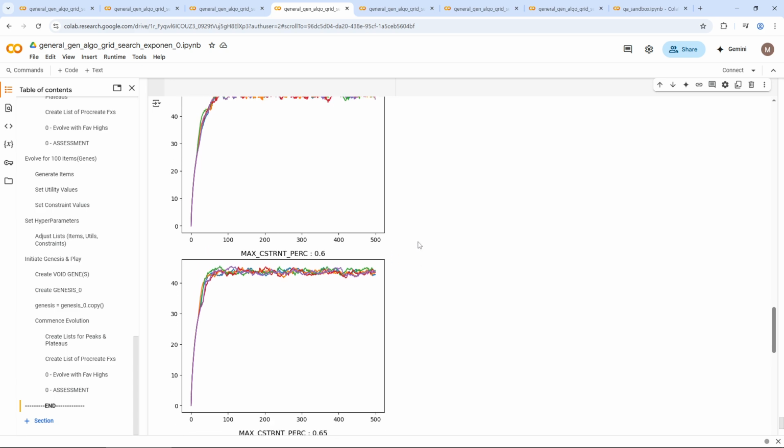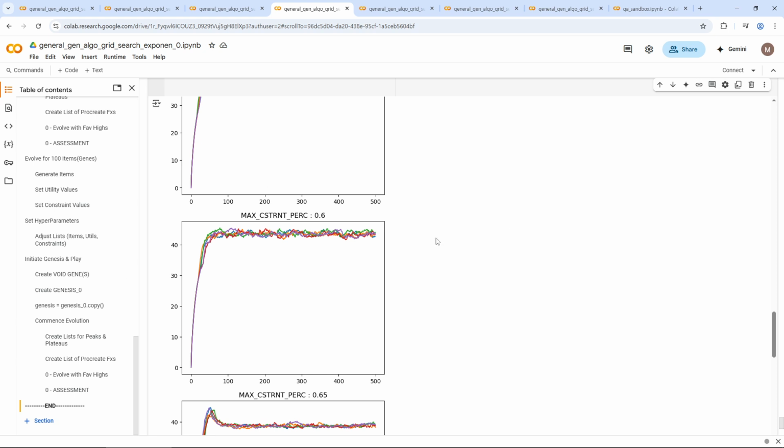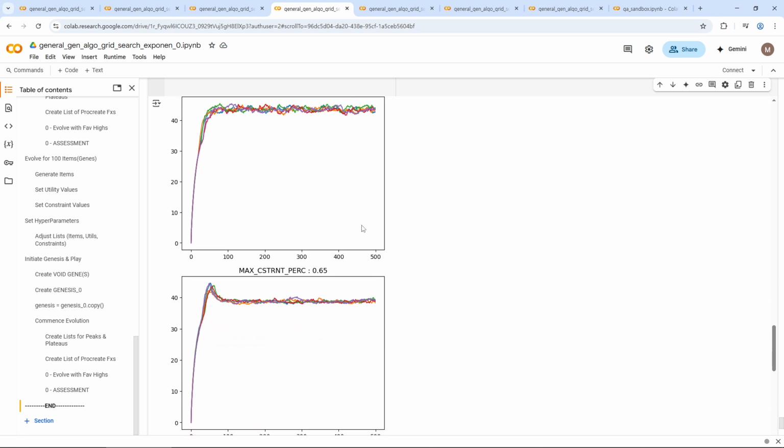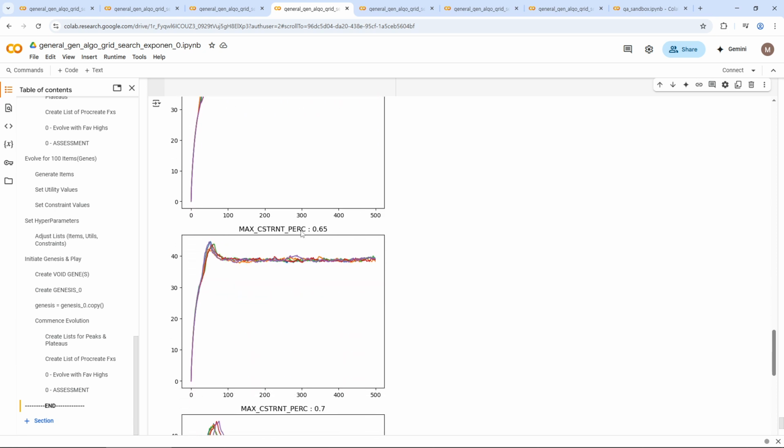Even something funnier, or weirder, is that at maximum constraint percentage 60%, the plateau is above 40. However, when the max constraint percentage is at 65%, the peaks are above 40, and then the plateaus are slightly below 40.